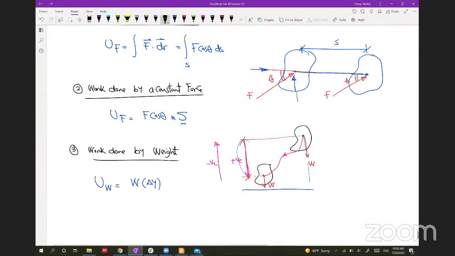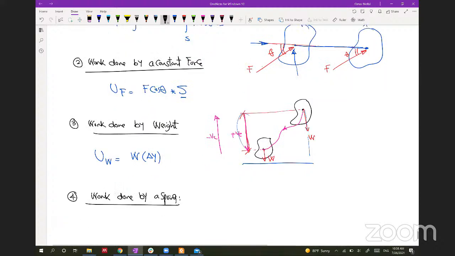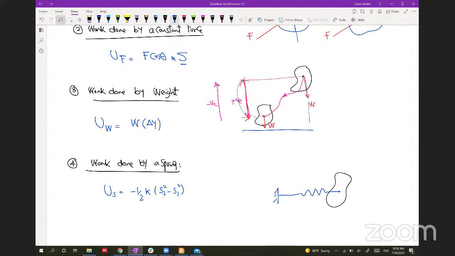And the work done by a spring, similar to the particles, is always negative 0.5 K multiplied by S2 square minus S1 square, and the S is measured from the unstretched length. So let's assume this is our body, and we have a spring here, and the spring is unstretched at this location.